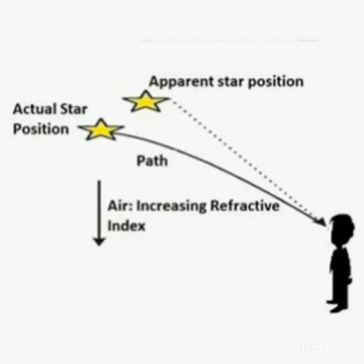Okay. Now the next topic is that the stars seem to be higher than they actually are. Now why? Due to atmospheric refraction, the stars seem to be higher in the sky than they actually are, because light from a star is refracted when it leaves space, that is the vacuum, and enters into the Earth's atmosphere.